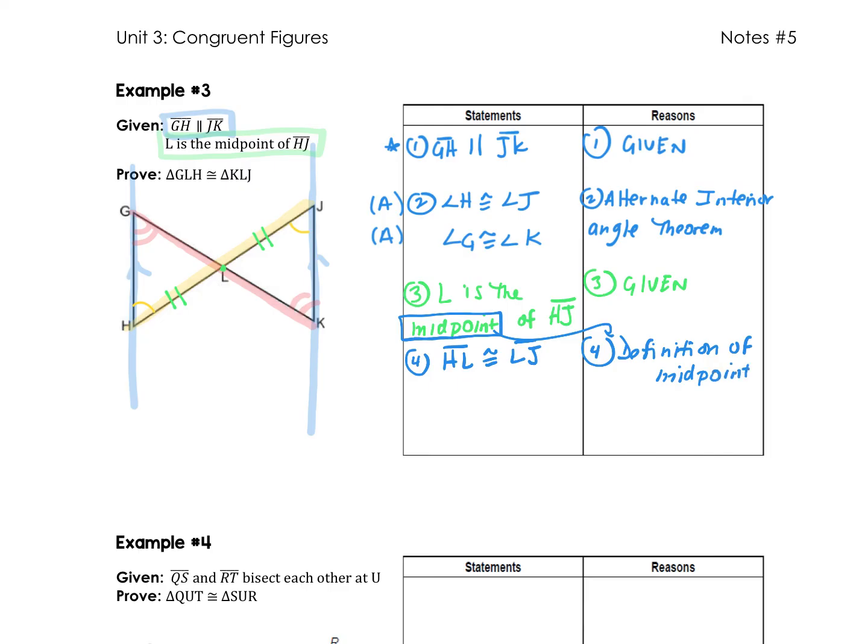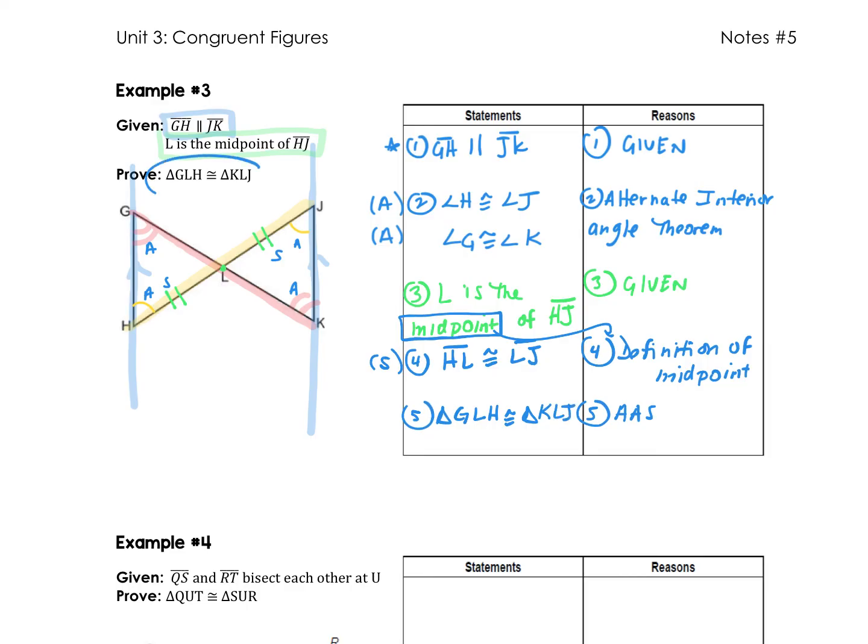All right, we have enough information to say that these two triangles are congruent because we just proved a pair of sides congruent. So notice we've got angle, angle, side, congruent to angle, angle, side. So that's going to be our reason, angle, angle, side. And naming the triangles, use the markings to help you. If I name the first triangle, the triangle on the left, triangle GLH, then I have to name the second triangle, triangle KLJ.